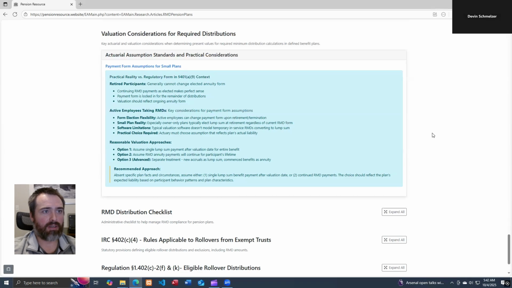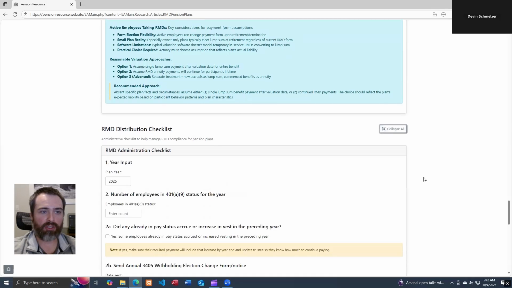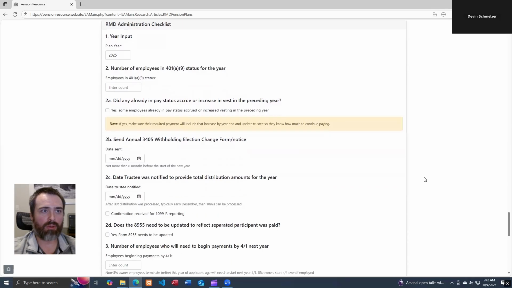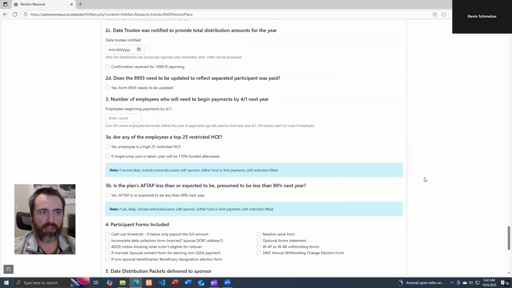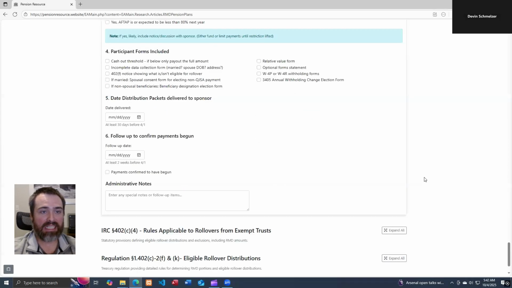The last section here on the website that I have is an RMD distribution checklist. It's not a comprehensive checklist, but it is an overall structure or shell to consider when you are preparing your own required distribution checklist of steps to look through of what might be needed for your plan.